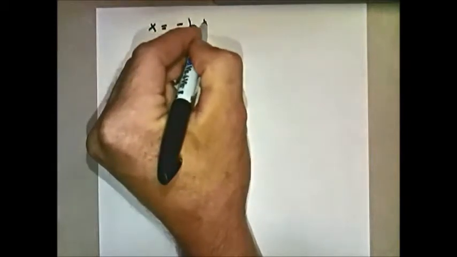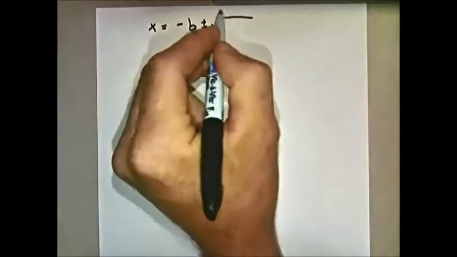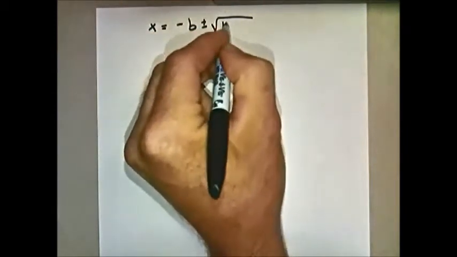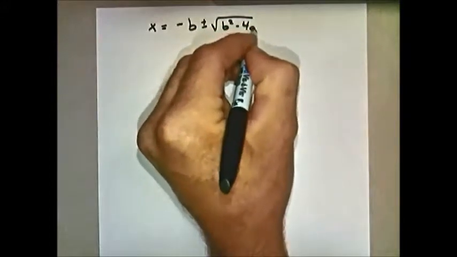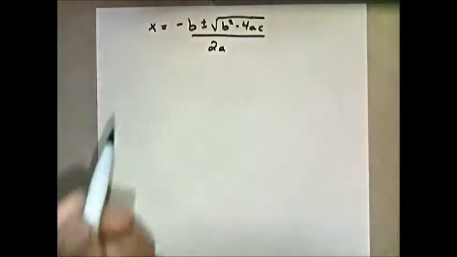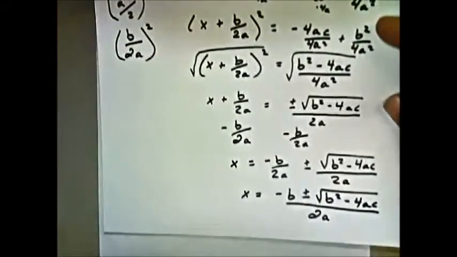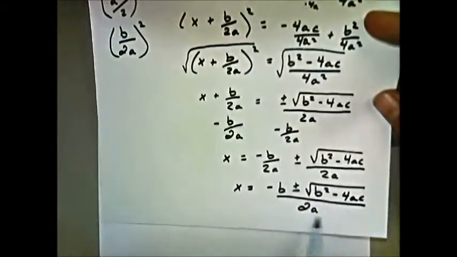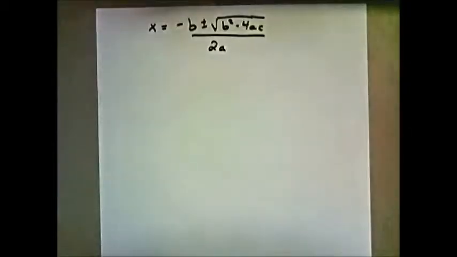I'm going to start by reminding us of what the quadratic formula is. X equals negative b plus or minus the square root of b squared minus 4ac all over 2a. Remember, that's what we received down here when we solved for x. That is our quadratic formula.